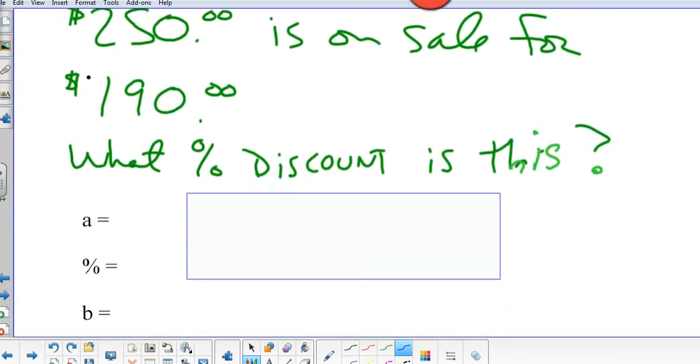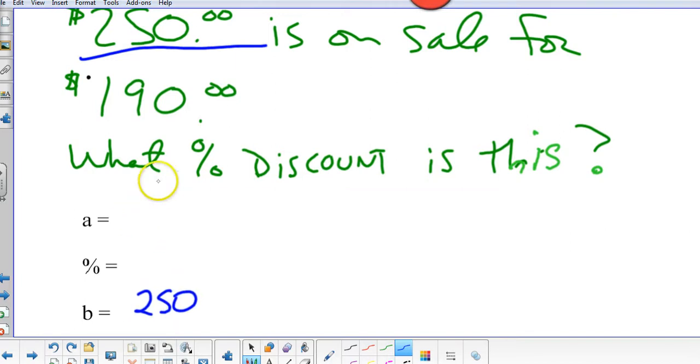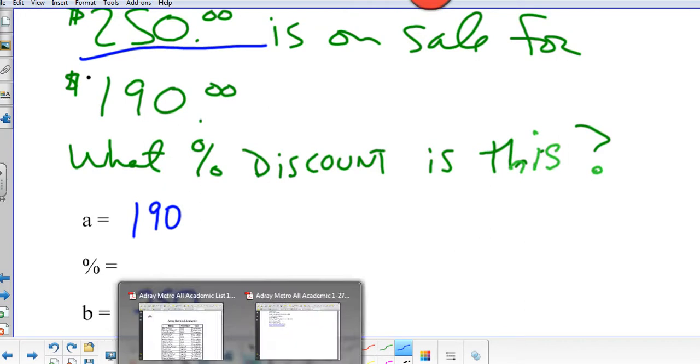The 250 is the original price of the iPod, so that is the base. The 190 is the sale amount after the discount, so that's the new price, which is the amount. And the percent, I don't know. There's a bit of a trick here, which we'll talk about.